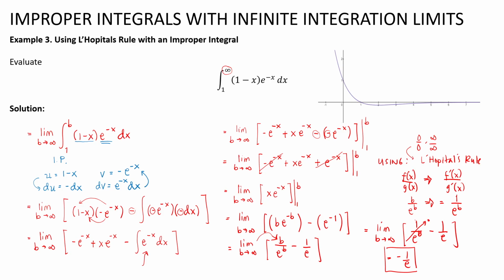So if you get 0 or infinity as the answer, it is called an indeterminate answer coming from the evaluation of limits. To avoid those indeterminate answers, we're going to use L'Hopital's rule.